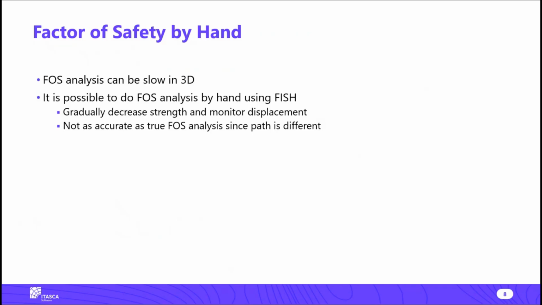If you have a humongous 3D model, this could take a very, very long time. So in 3D, you will often see people doing this by hand. Instead of allowing 3DEC to go through its binary search, you gradually reduce the strength bit by bit until you get to the point where it's failing. And this can potentially speed things up when you're just trying to get to the factor of safety. And I'll show how to do that with FISH in a minute.